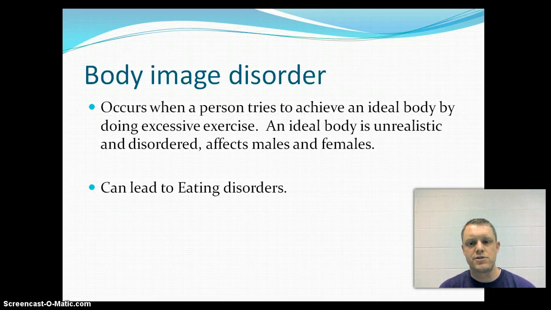This occurs when a person tries to achieve an ideal body by doing excessive exercise. And it's interesting because an ideal body is really unrealistic and it's disordered because there isn't really an ideal body. Everybody's body is different. This affects males and females. And these can lead to eating disorders, which are not healthy at all.